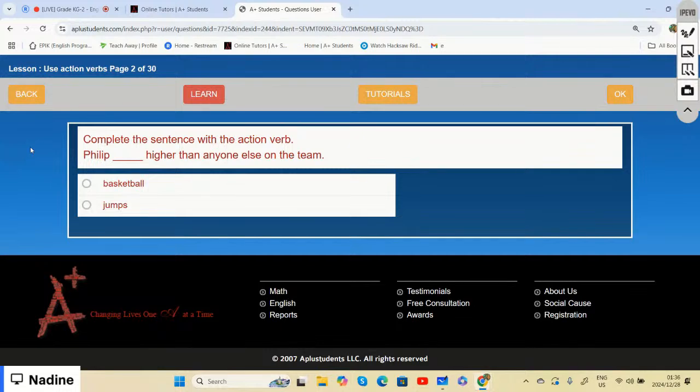So which one is correct? Option one or option two? Philip basketball higher than anyone else on the team or Philip jumps higher than anyone else on the team? We need to give the correct option.